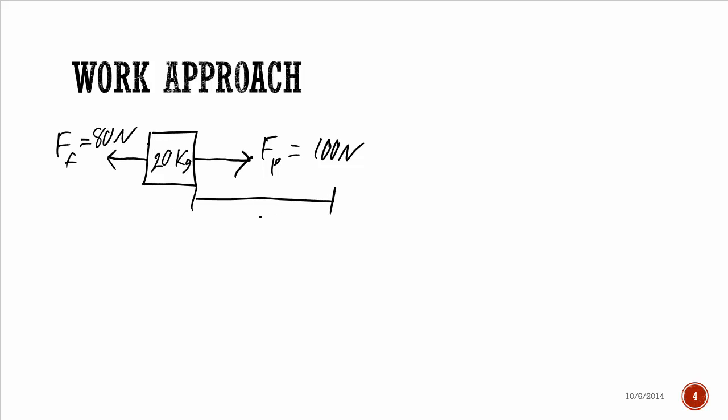And let's say we're pushing on it this way, some push force of 100 newtons, and there's some friction, very crooked friction, acting to slow this box down, and let's say that our friction is 80 newtons. And just like in the previous ones, we're going to push the box 5 meters. And I want to know how much thermal energy was created.